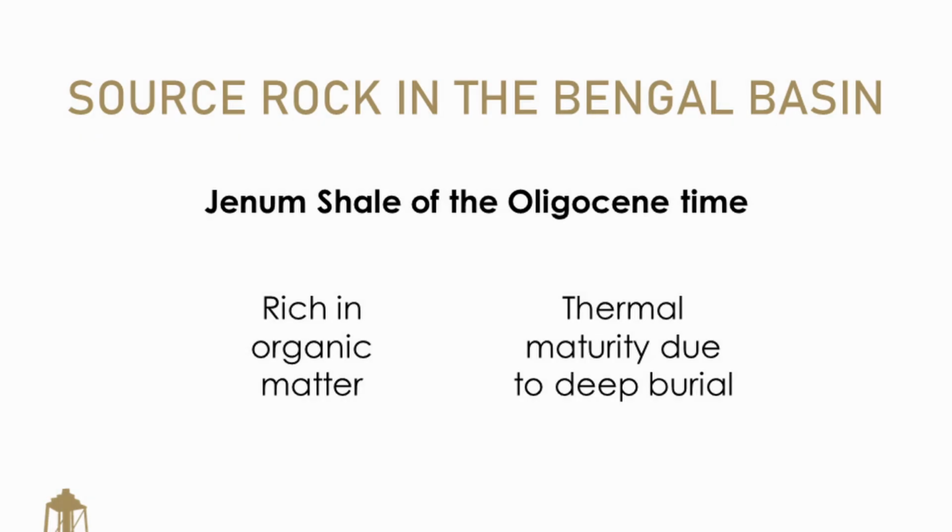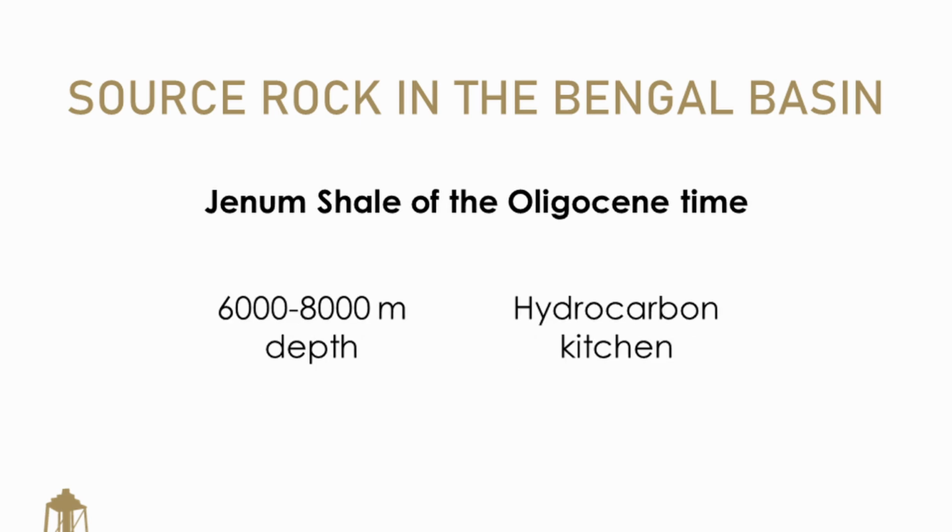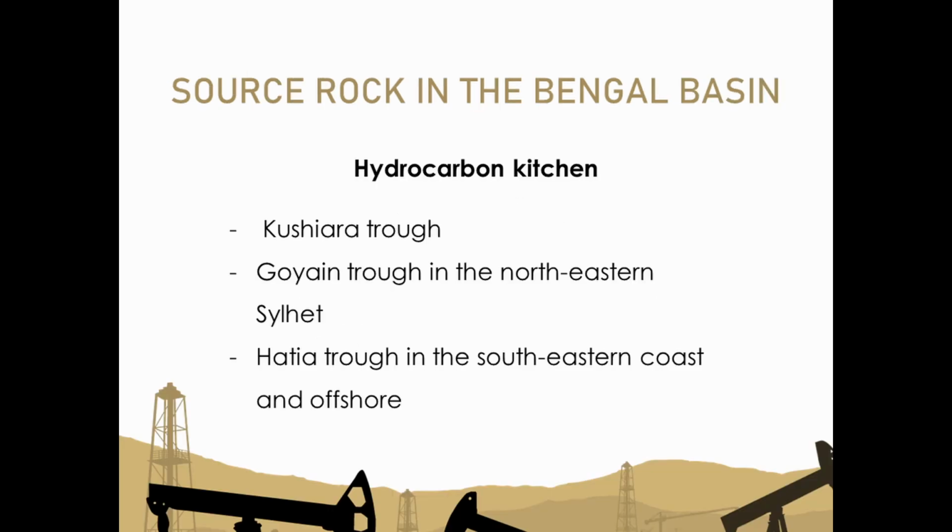Genome shale of the Oligocene time is the source rock of Bengal Basin because of its richness in organic matter and its thermal maturity due to deep burial. Its depth is 6,000 to 8,000 meters, and a hydrocarbon kitchen is there.